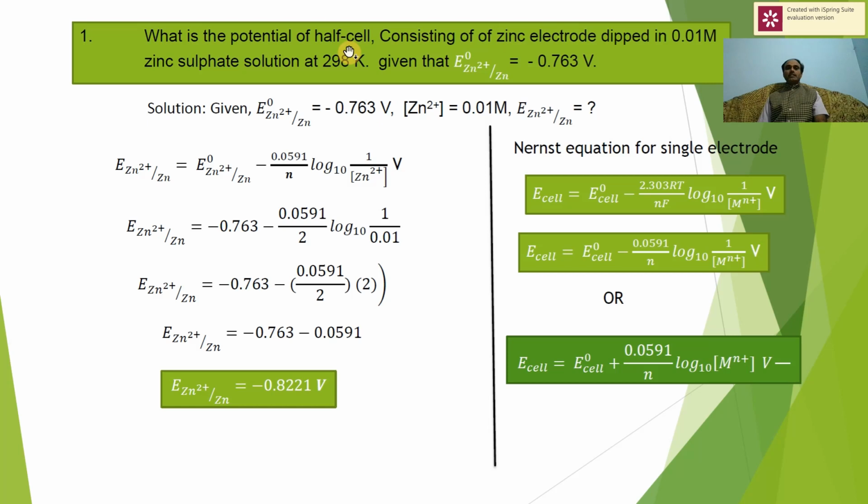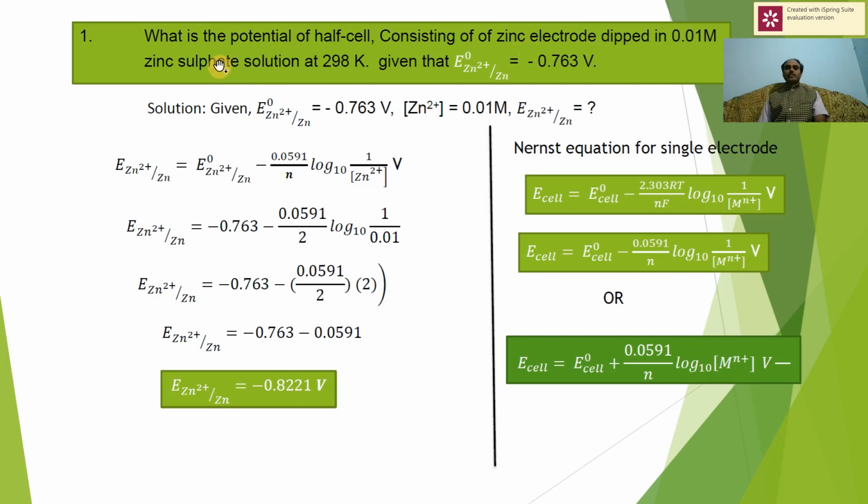It means they directly ask to calculate the potential of the half cell. Consisting of a zinc electrode dipped in zinc sulfate solution. It means that there is only one zinc electrode dipped in one electrolyte called zinc sulfate solution. So this consists of a half cell.